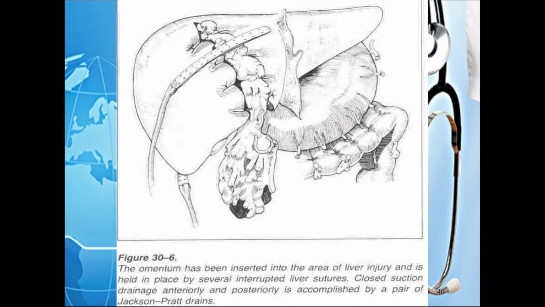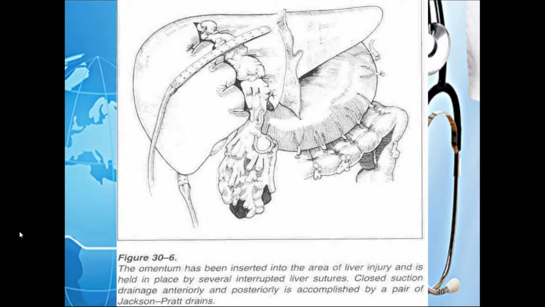Okay, so this is the omental pack of the liver. Previously, the hemostatic sutures are applied, but maybe in this situation surgeons observed additional bleeding from the liver cutting surface, and that's why they inserted the omentum inside of this wound to prevent this bleeding, to press it.